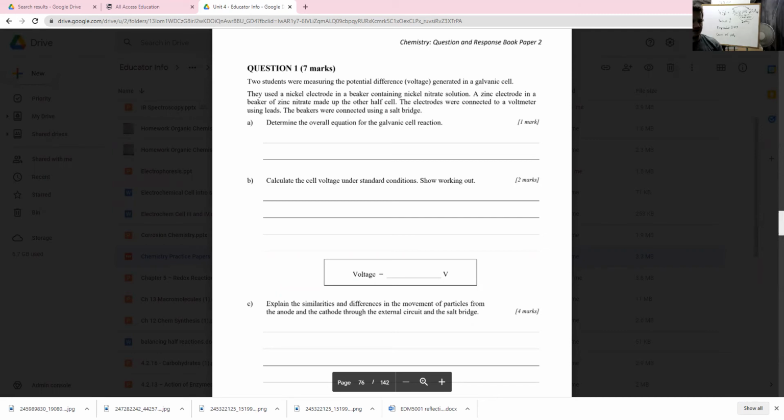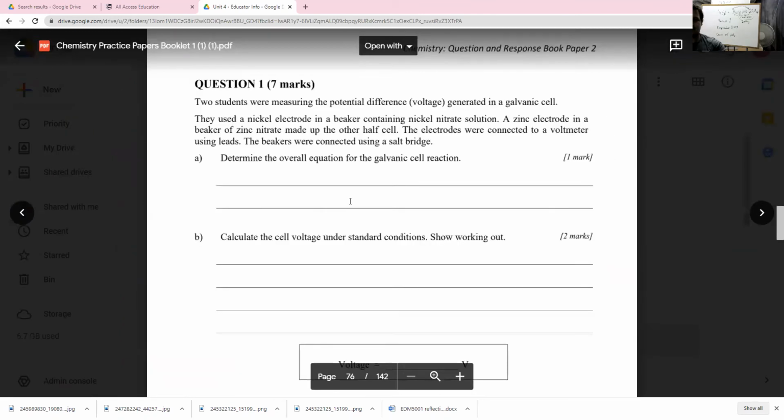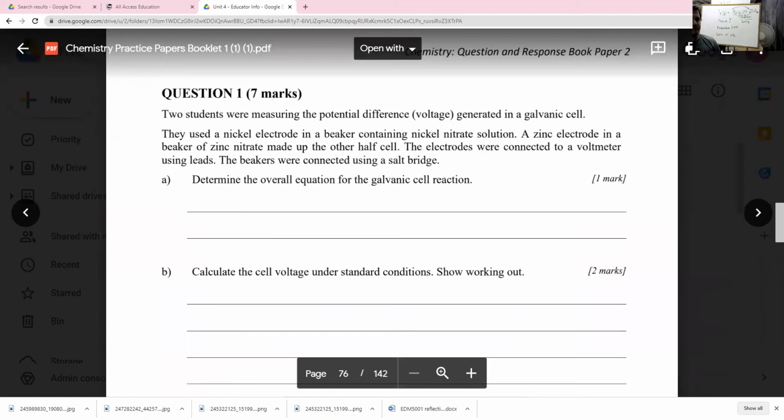So where would we begin here? So what you should be doing is looking at the oxidation potentials and reactivity series of the metals.